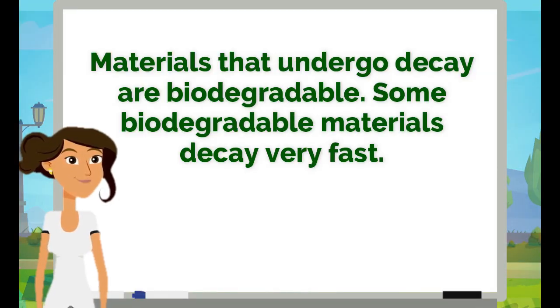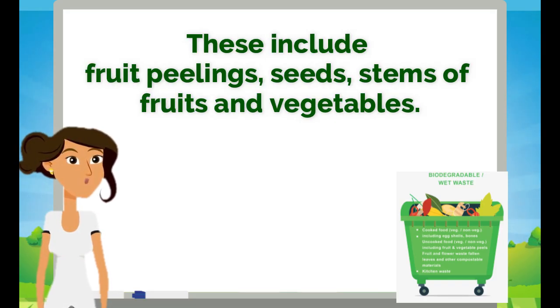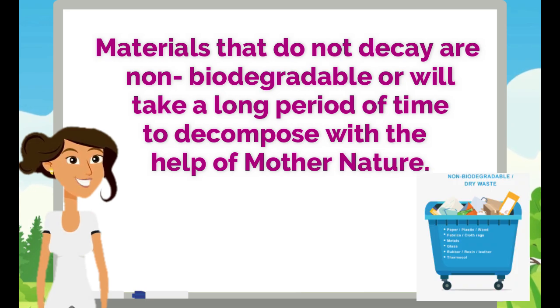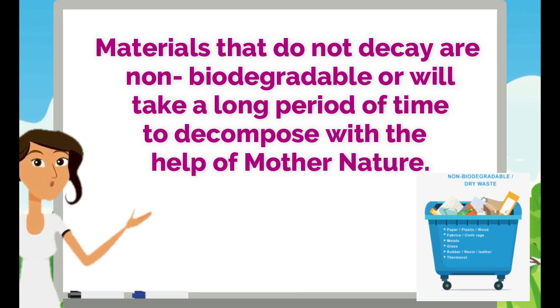Materials that undergo decay are biodegradable. Some biodegradable materials decay very fast. This includes fruit peelings, seeds, stems of fruits, and vegetables. Materials that do not decay are non-biodegradable, or will take a long period of time to decompose with the help of Mother Nature.